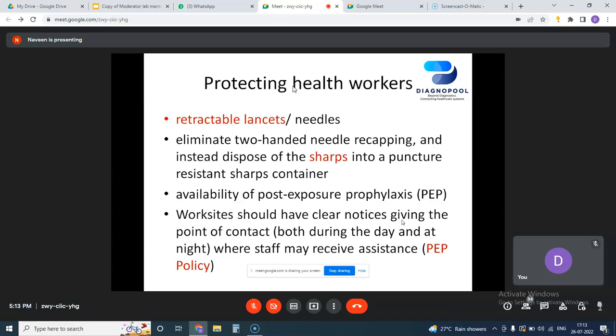Post-exposure prophylaxis applies whenever there is a needle prick injury or whenever there is exposure of blood to wounded skin. So remember, whenever there is wounded skin and blood is exposed to that wound, that is one indication for post-exposure prophylaxis. And one more indication is needle prick injury.